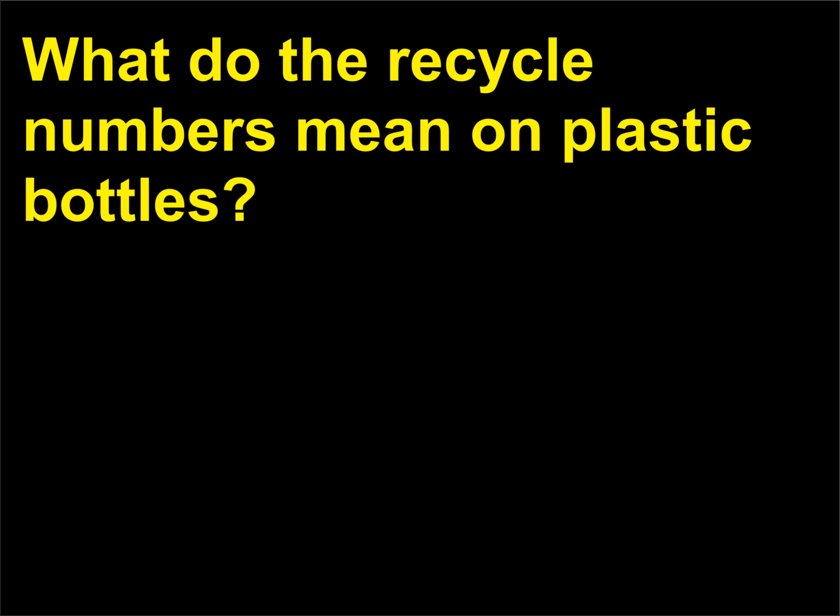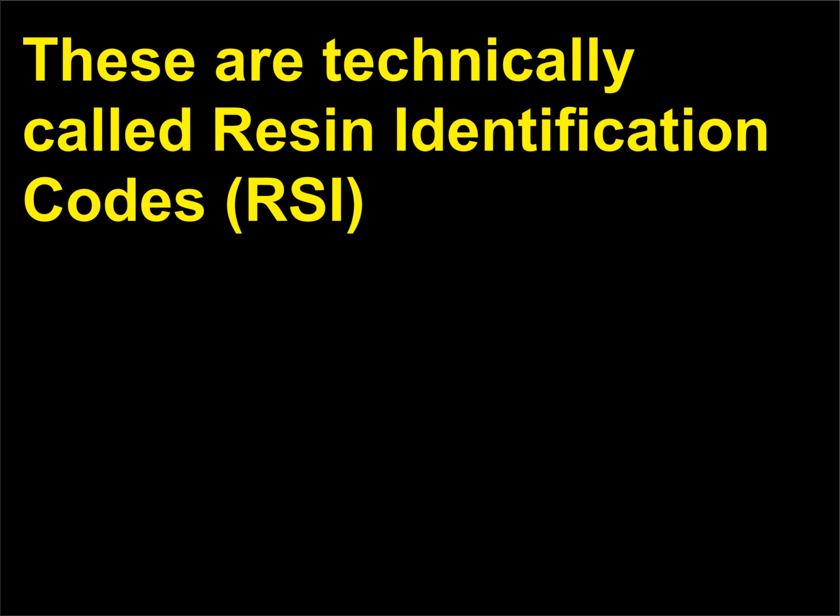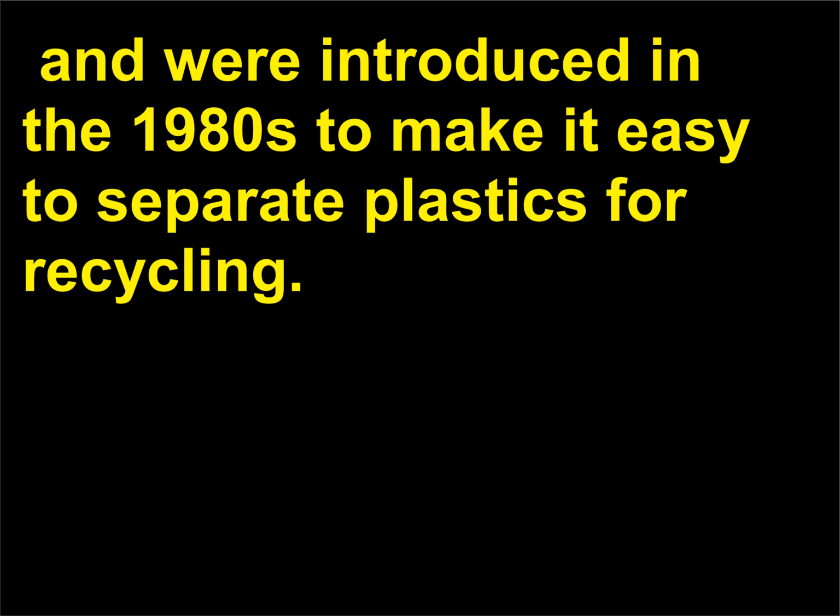What do the recycle numbers mean on plastic bottles? These are technically called resin identification codes, RIC, and were introduced in the 1980s to make it easy to separate plastics for recycling.